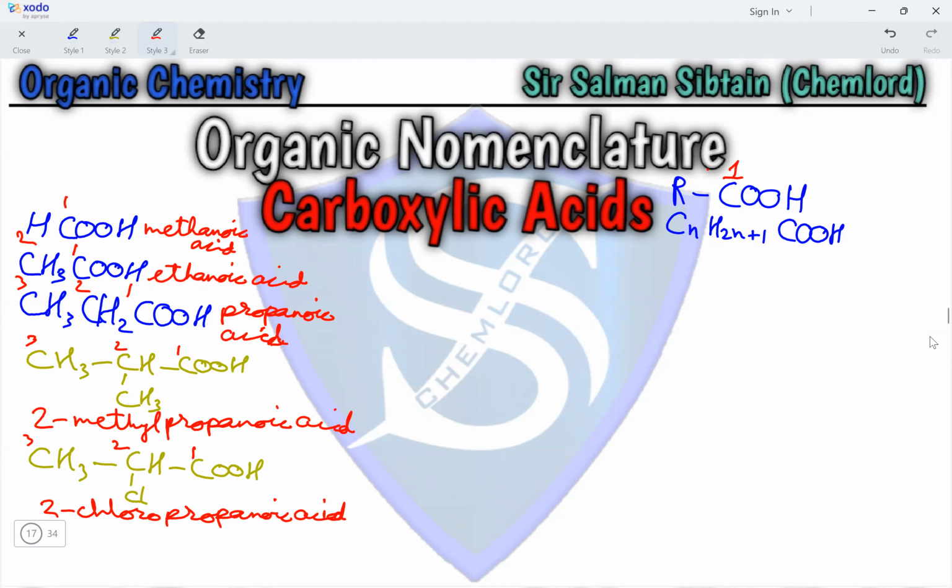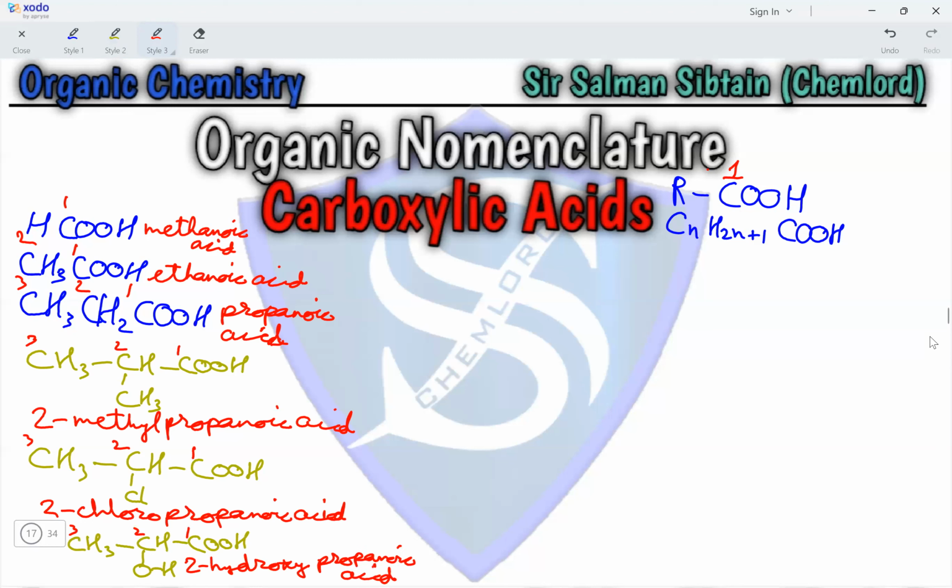Another example would have an OH group placed along with the COOH. So the OH group will not be given preference as a functional group because the functional group preference would be given to carboxylic. So the OH group would be called a hydroxy group. So this would be CH3CH(OH)COOH. Numbering would be done from 1, 2, and 3 right to left, and it would be called 2-hydroxypropanoic acid.